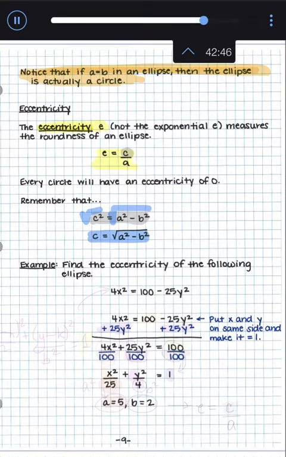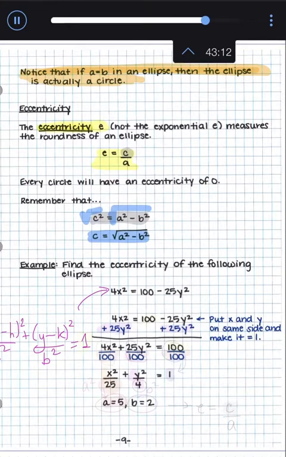Standard form looks like the following, where you have x minus or plus something, squared, plus y plus or minus something, squared, over something squared, and equals 1.